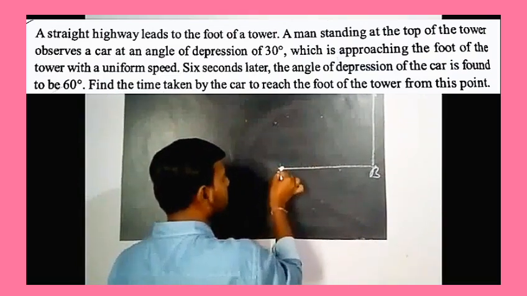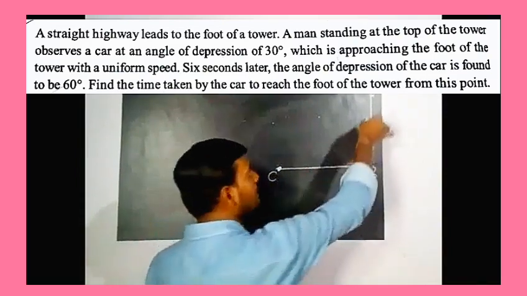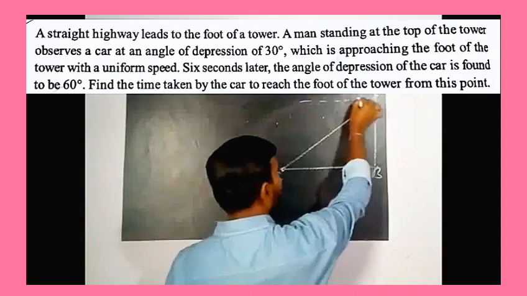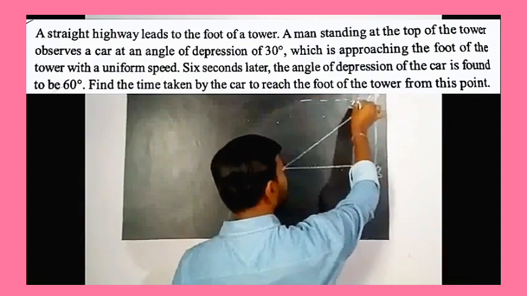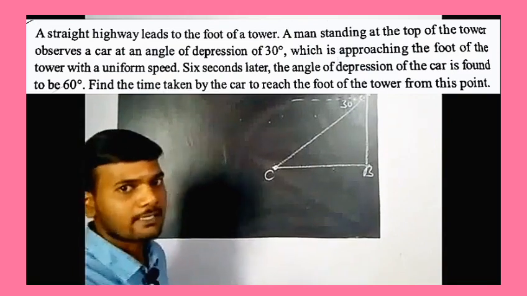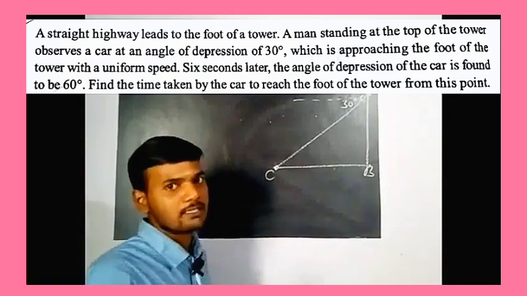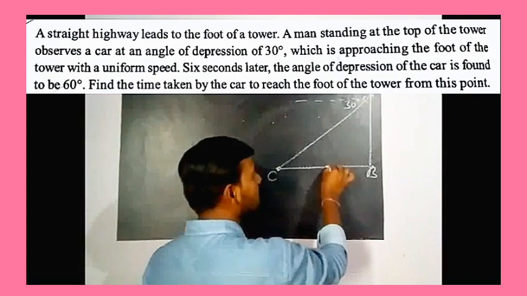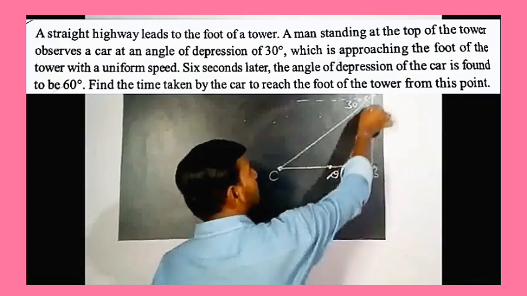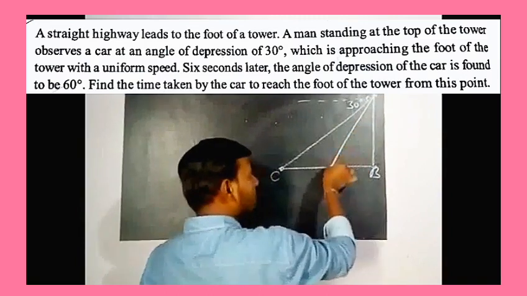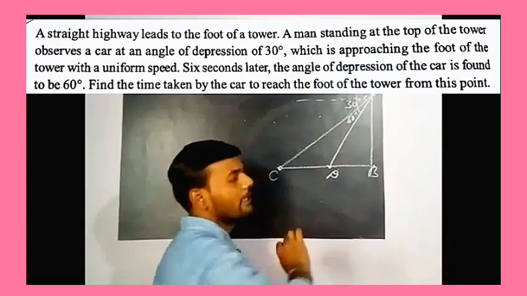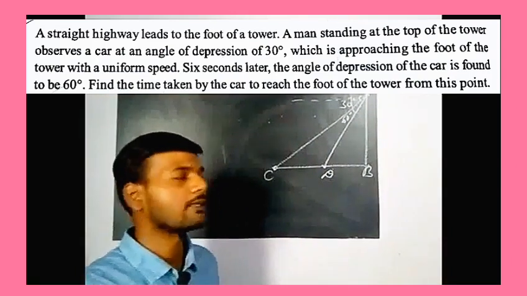Let me mark this point as C, and he observed the car at an angle of depression of 30 degree. When the car moves, after 6 seconds it travels some distance. Let me take this as D. At this point the angle of depression is 60 degree.